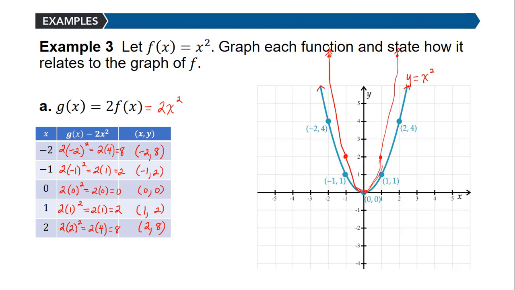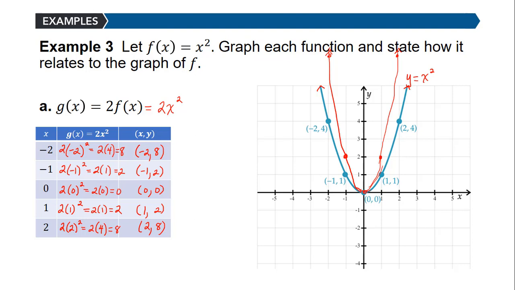Now this is one of those non-rigid transformations because we are actually changing the shape of the parabola, right? It's not the same width. We are actually making it skinnier when we multiply it by 2. And think about this. If you've ever pasted an image into a document and you grab the corners and you pull it up, right? You're making it skinnier. It stretches it up.